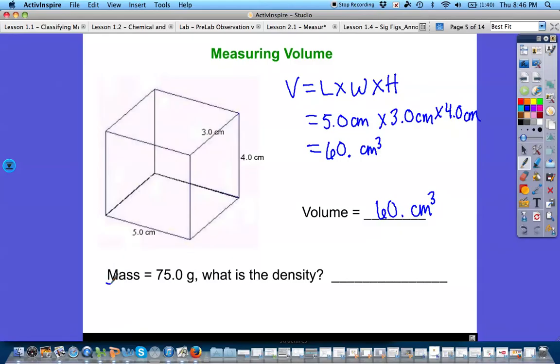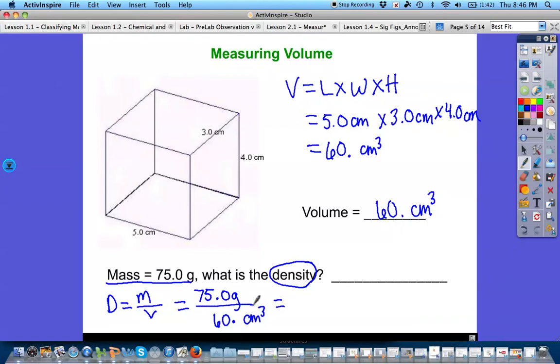The mass of the cube is 75.0 grams, and we want to determine the density. So remember, density equals mass divided by volume. So the mass is 75.0 grams. The volume is 60. cubic centimeters.